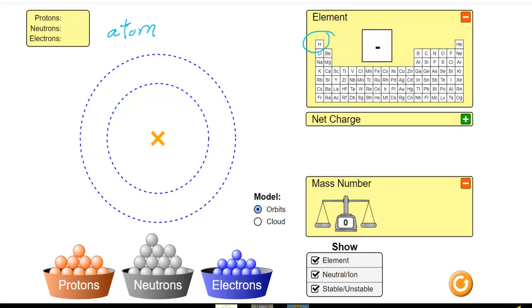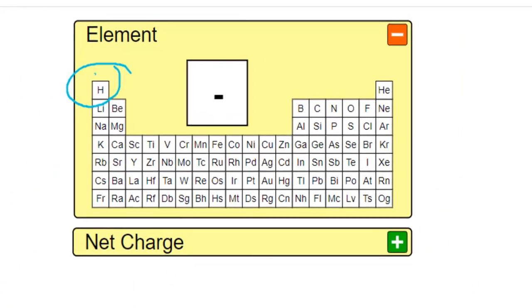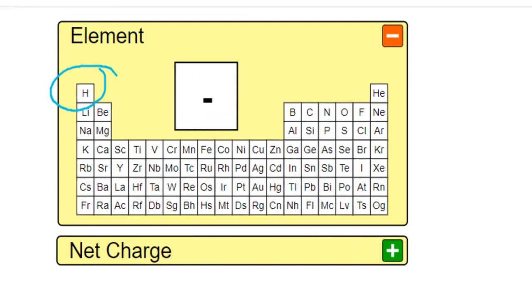The numbers that we see around each element give us information about the atoms: how the atom of H, or hydrogen, is different from an atom of helium, for example. What makes them different from each other?